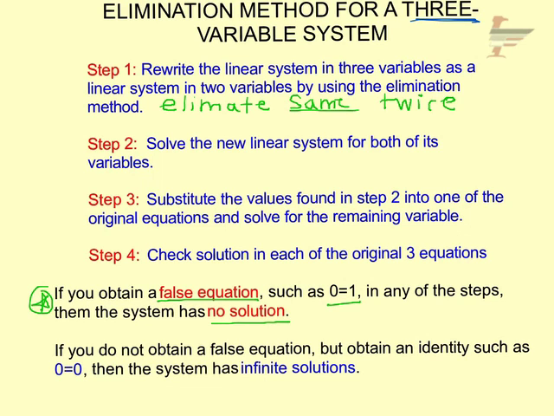And then the opposite: if you don't obtain a false equation, so it's true, but you obtain an identity like 0 equals 0, so again your variables all wipe out, but it gives you the identity instead of a false equation, then you have infinite solutions. You should be familiar with those two from 2 variables, and that does not change in a 3 variable situation.